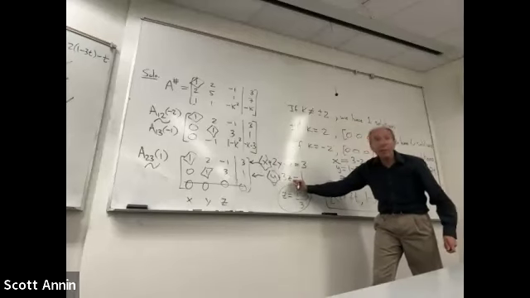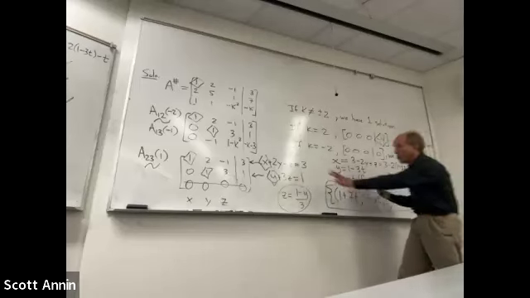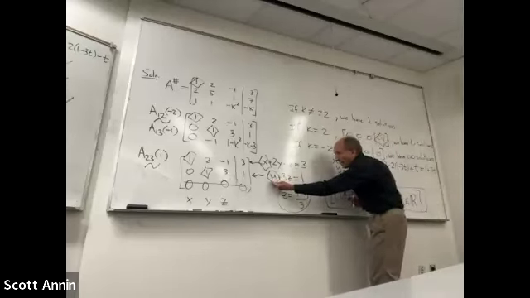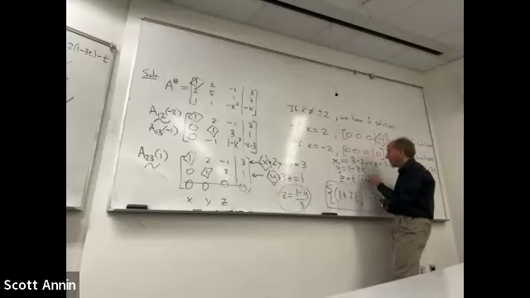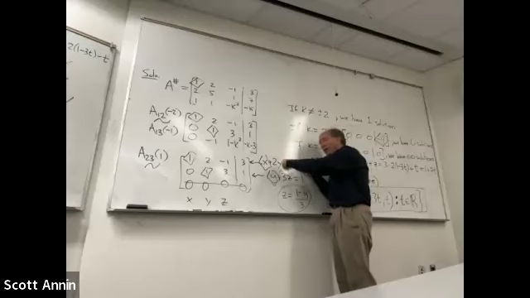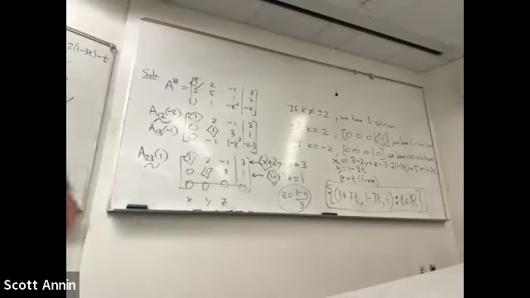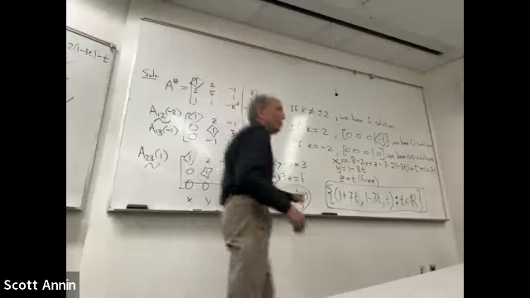I identify that my free variable is C. So I call it T right off the bat, and I just solve for my leading variable in terms of the free variable. So that's what I did for Y. Then you take all of that information and plug it into the previous equation and solve for the pivot in that equation. Yeah, that's the systematic approach.